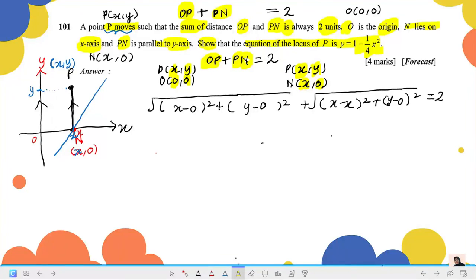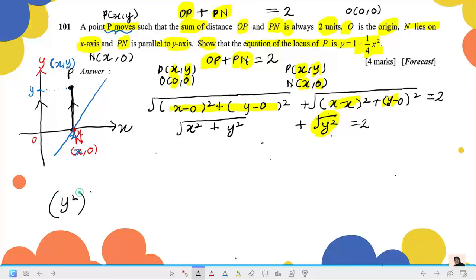After you simplify, you will have the square root of x squared plus y squared, plus, this one is gone, leaving y squared, which is actually y squared to the power of 1 over 2.